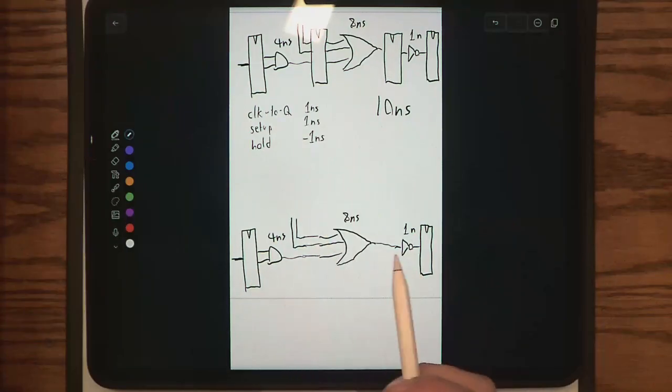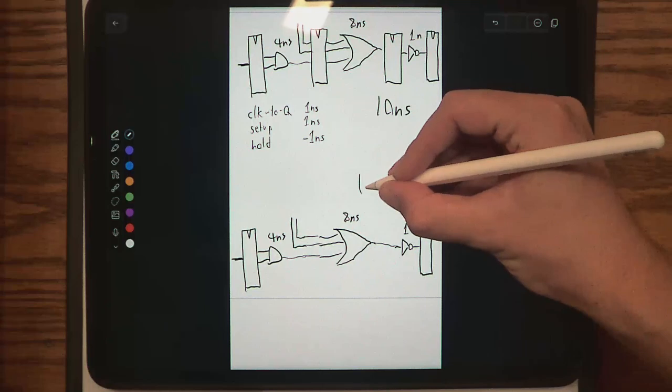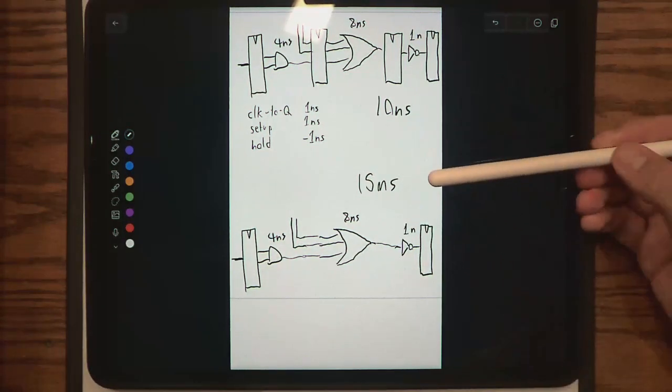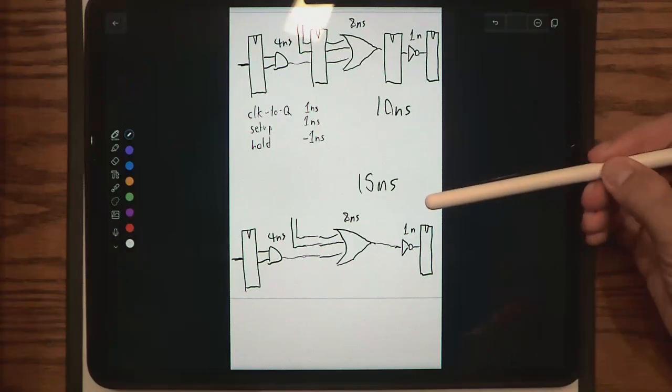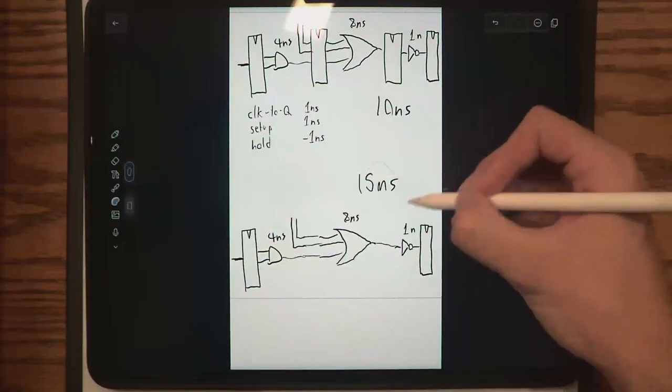So that would be what? Yeah, so this whole delay right here would be 15 nanoseconds. And what is 15 nanoseconds converted to clock frequency? Yeah, so this would be about 67 megahertz.